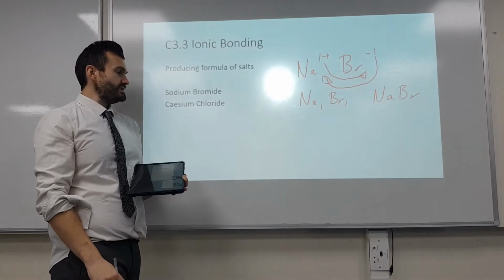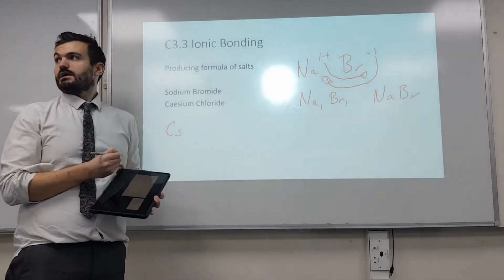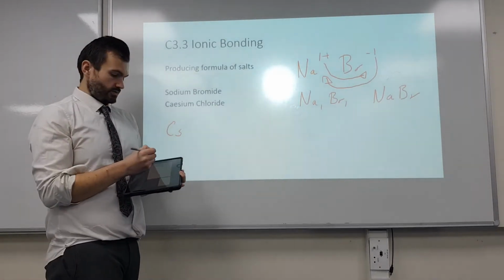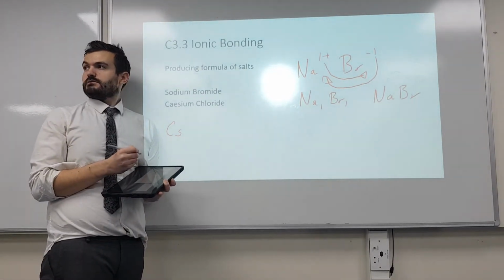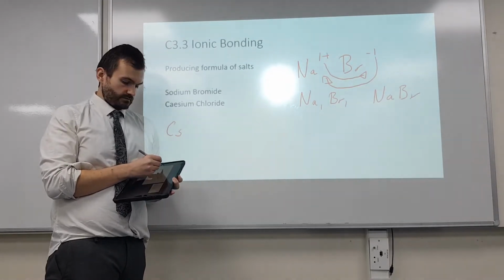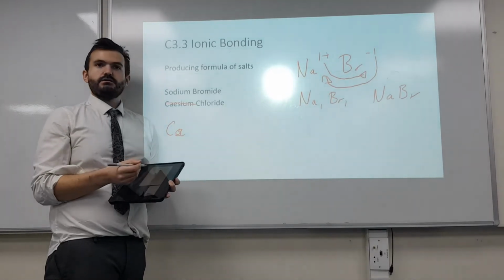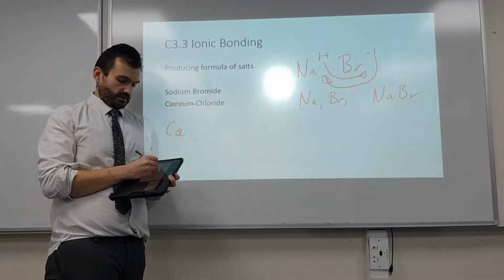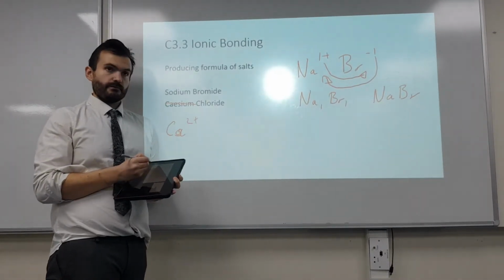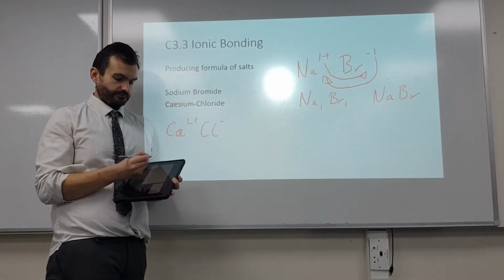If we were going to do cesium chloride, I'd go look up cesium, that's Cs, and it is in group 1 again. Right, we won't do cesium then, we'll do a more difficult one. We'll do calcium. So pretend that says calcium. So we've got Ca. Ca is 2+, because it's in group 2. Chloride, again, group 7, so it's -1.